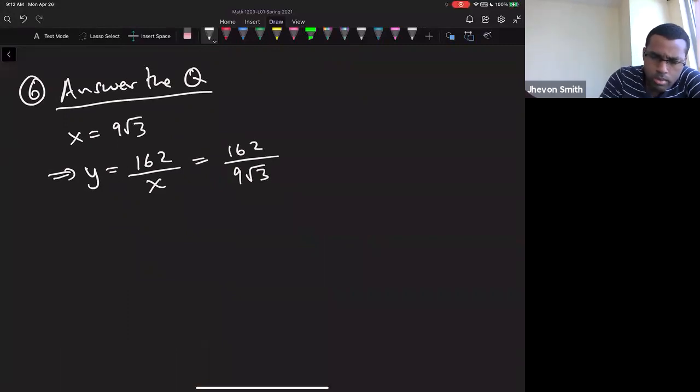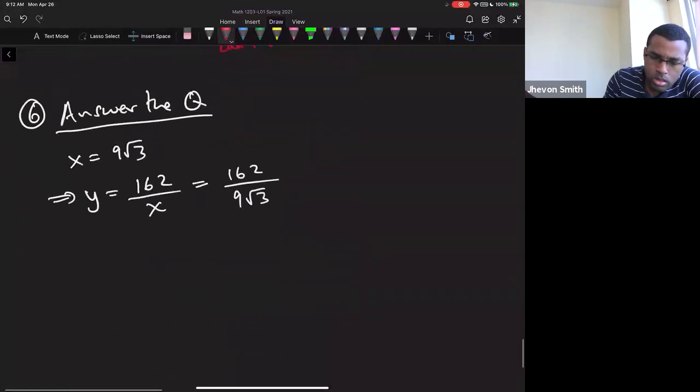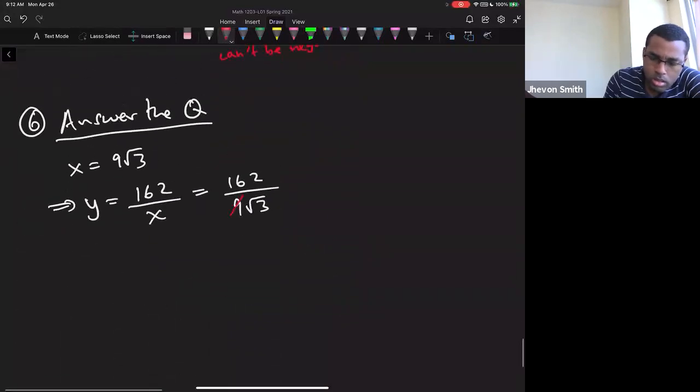Does 9 go into that? 9 goes into this 1 time, remainder 7. 9 goes into 72 like 8 times. Is that correct?